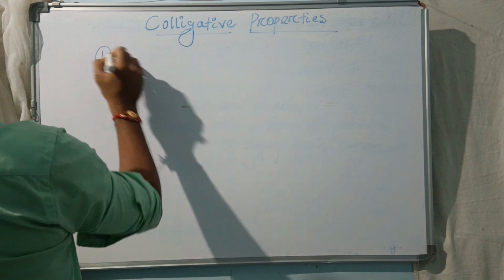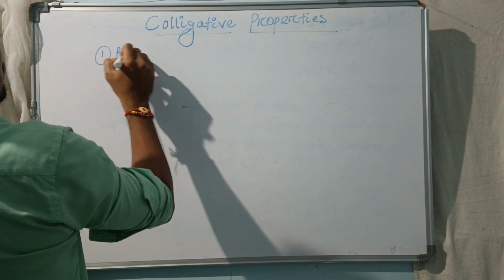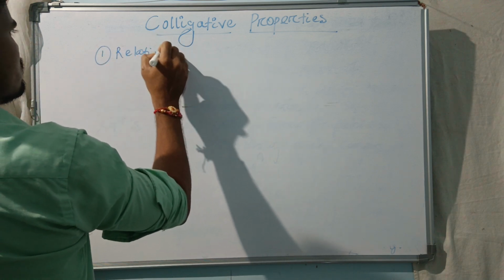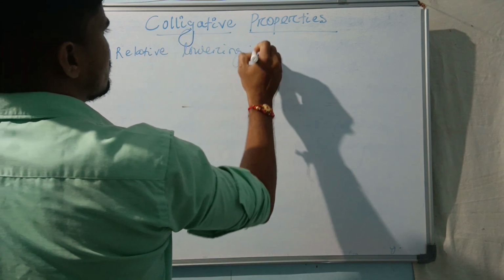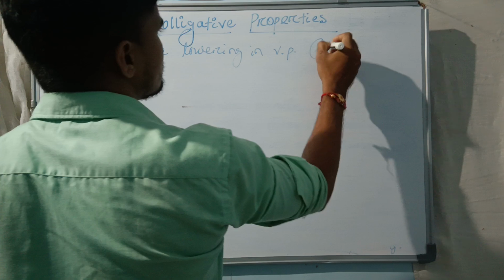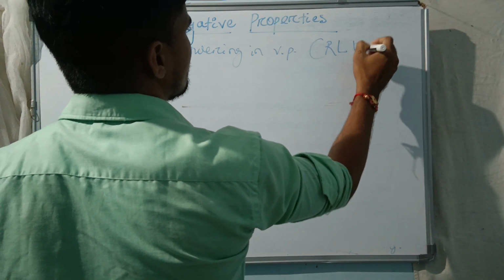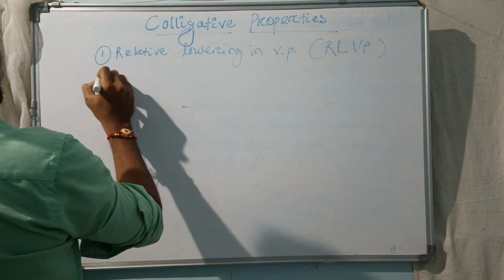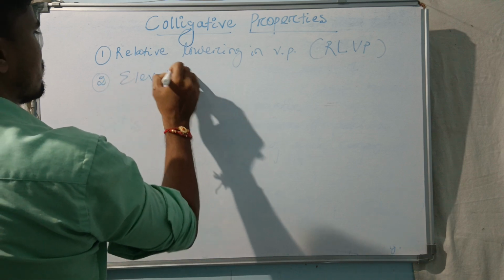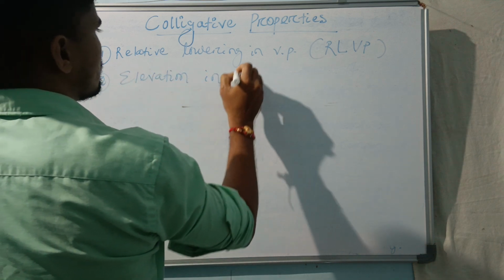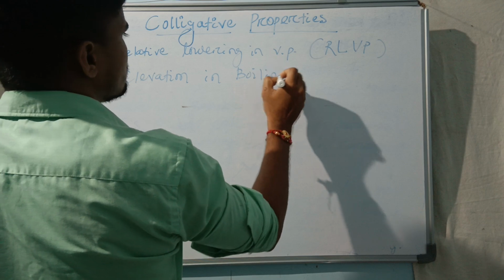First one, relative lowering in vapor pressure, or simply RLVP. Second one, elevation in boiling point.